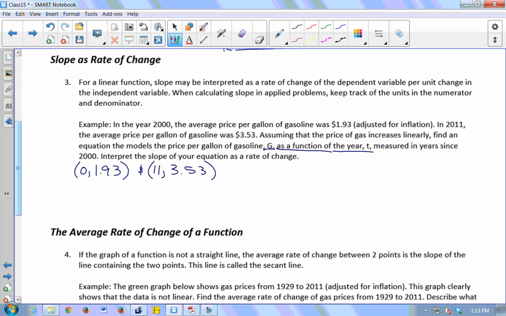Let's come up with the slope between these 2 points. So my slope is change in y over change in, maybe I shouldn't use y and x because in this problem it is g and t. Okay, so change in G from 193 to 353. What's that? 1.6?